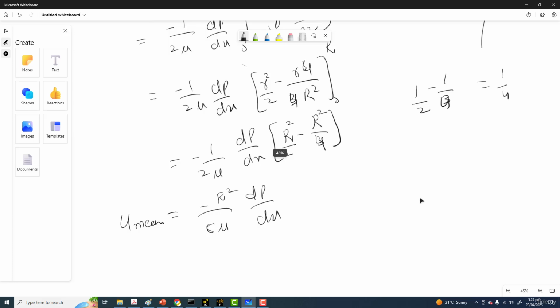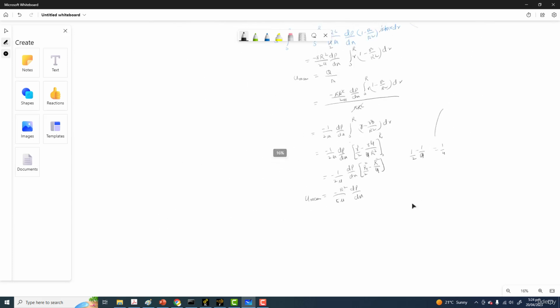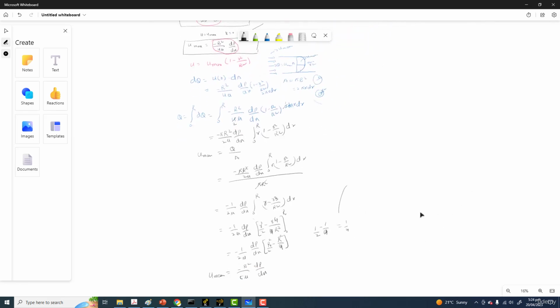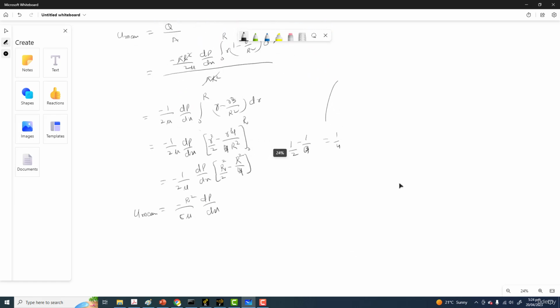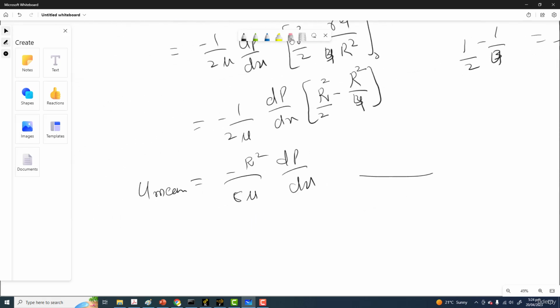So now if you compare this thing, you can see that the u maximum which we derived earlier is equal to minus R square upon 4 mu dp by dx.